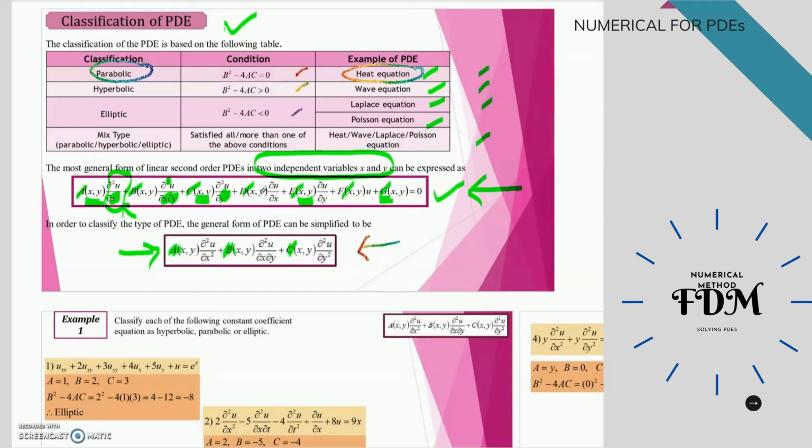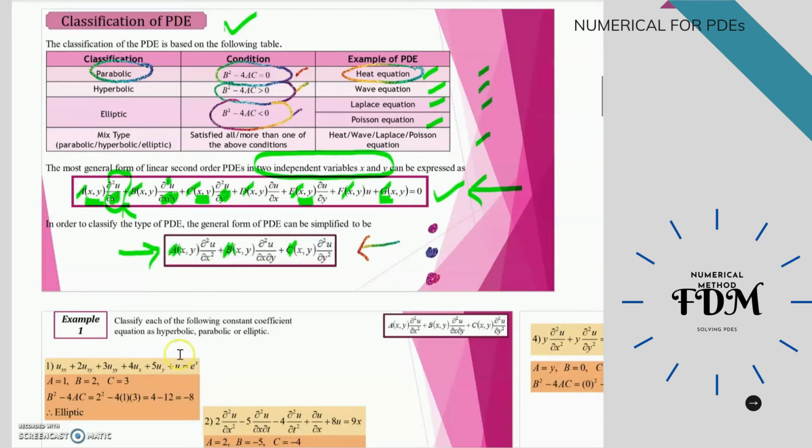So option 1 is parabolic, option 2 is hyperbolic, option 3 is elliptic. Okay, so you must choose which one is the most suitable classification given the specific equation, and then you can check the condition.